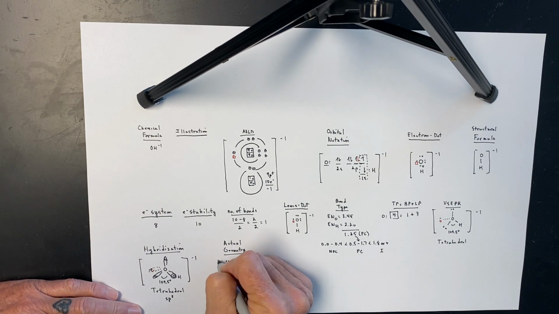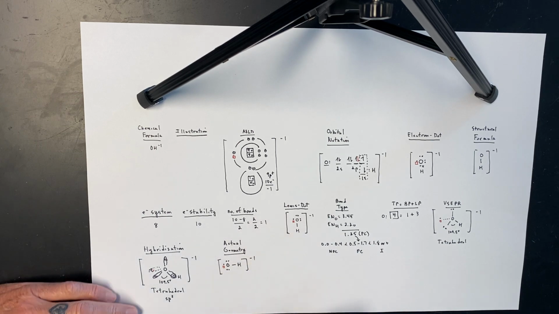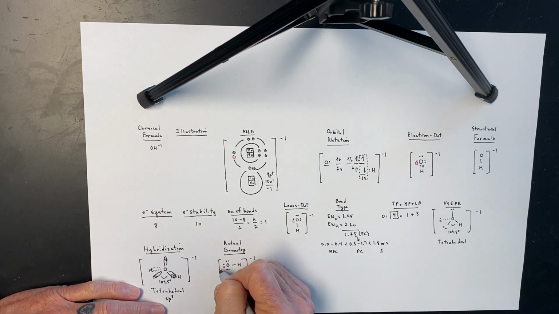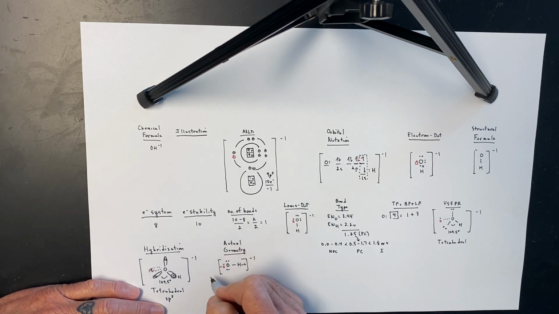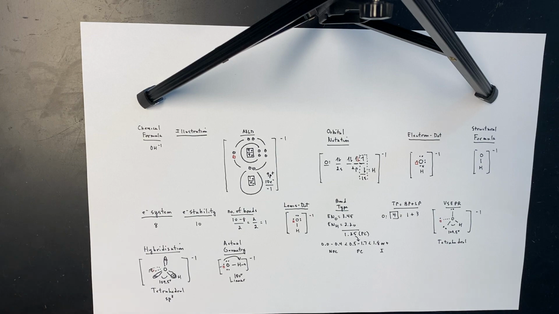And we're going to bracket this and say this has a charge of -1. And in essence, the actual geometry, because you have 2 atoms, has to be linear, because you can draw a straight line through both atoms. So we're going to say that this is a linear molecule, and the bond angle has to be the bond angle of a straight line, which is 180 degrees.